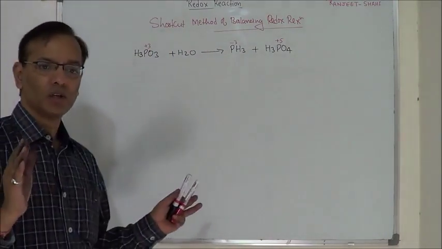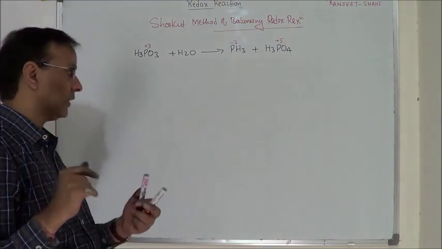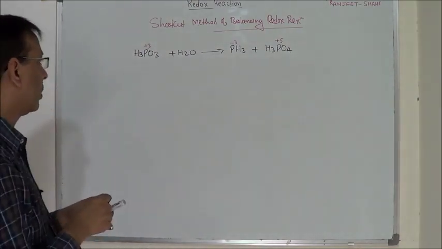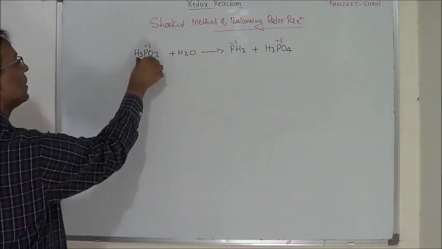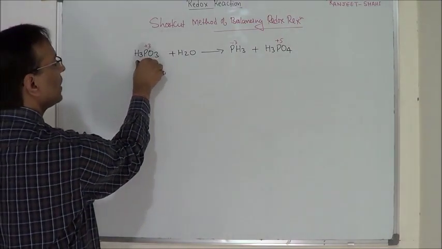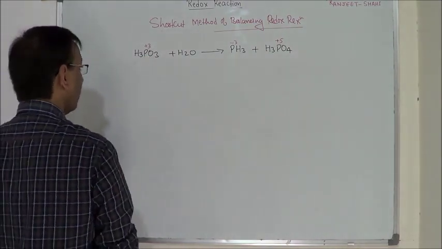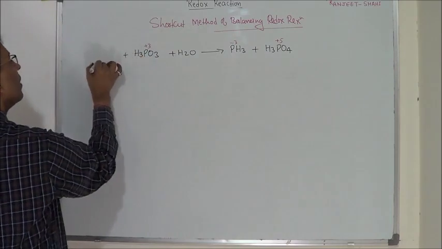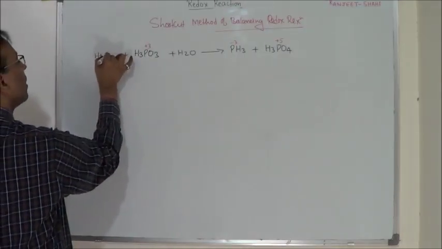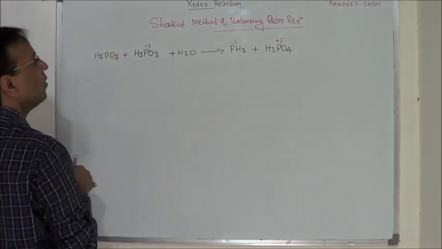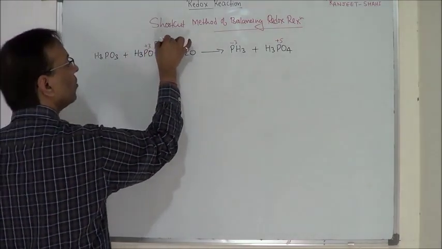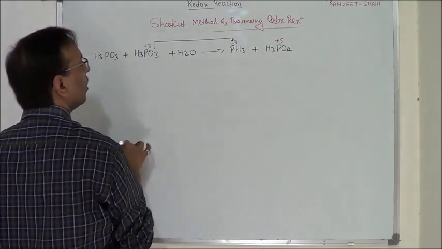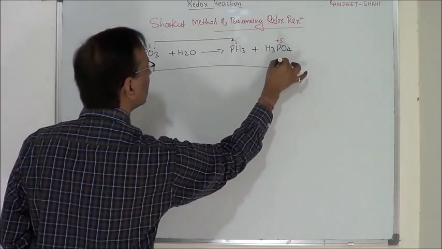Now we want to balance it by the shortcut method of balancing. What we will do, we will write the reagent undergoing oxidation as well as reduction twice, like this. And we will relate one with one product, another with another product.